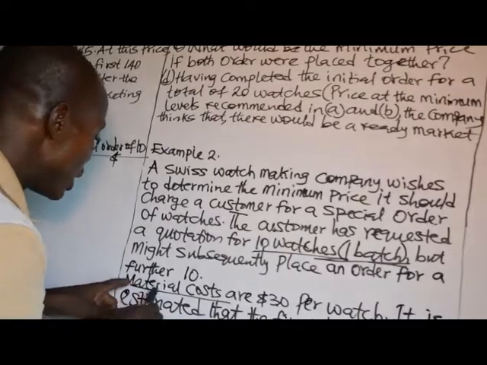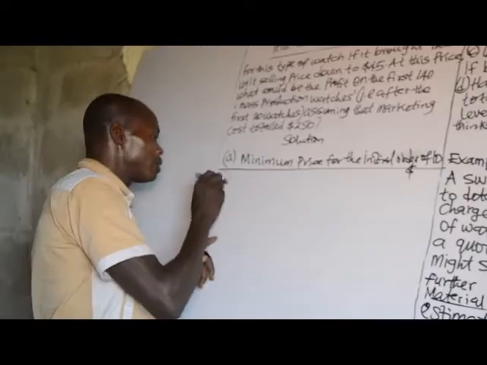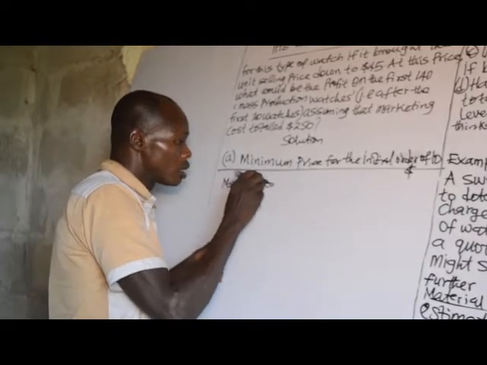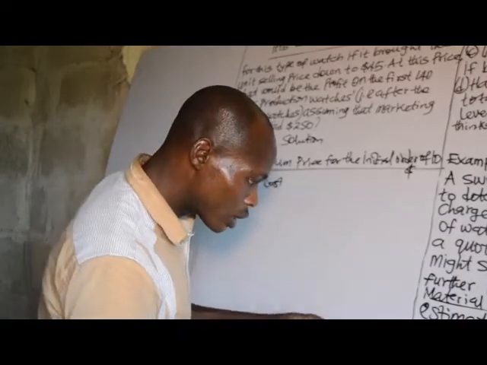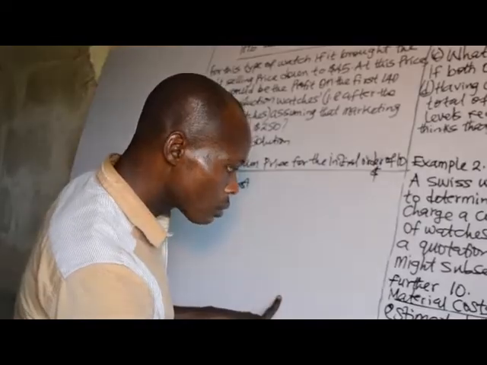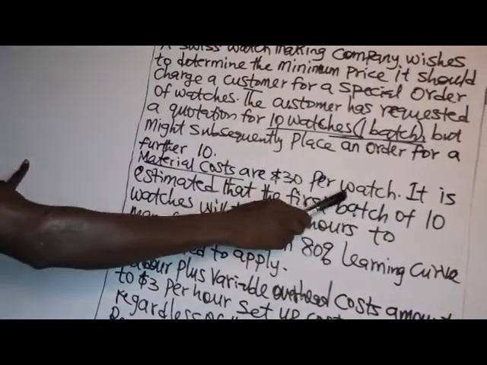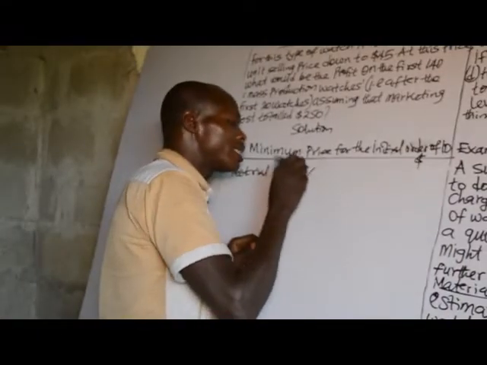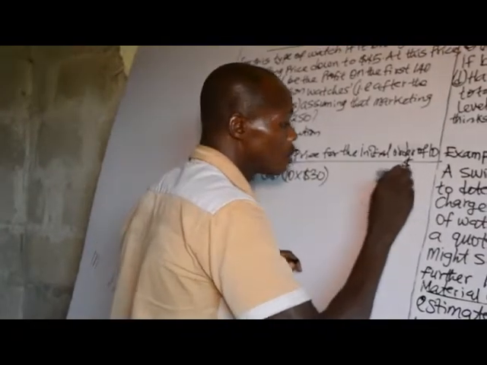Now, you have the cost, which includes material cost, which is $30 per watch. You know the first order is 10. You have 10 times $30, and that will give us $300.